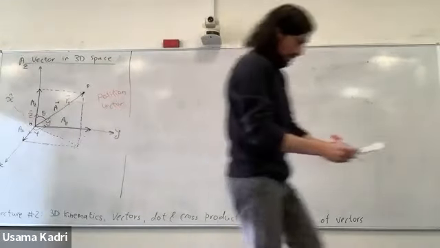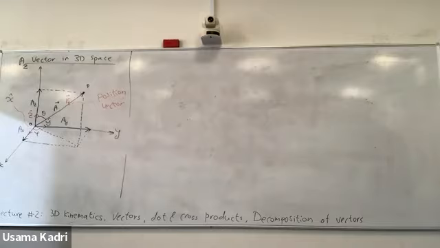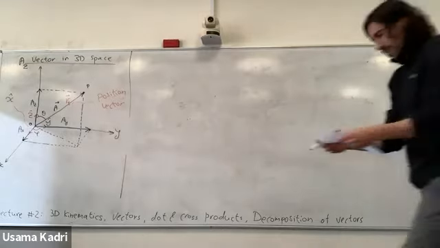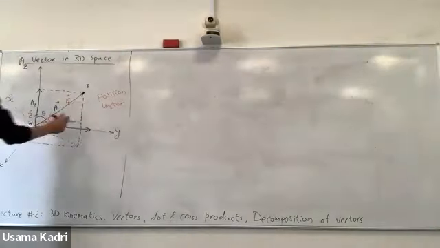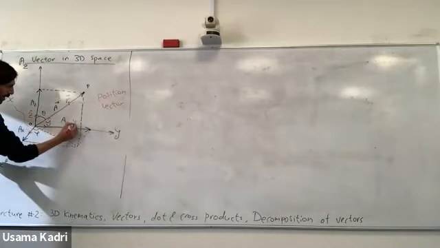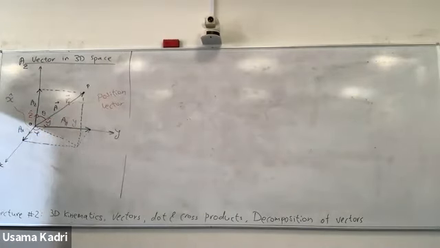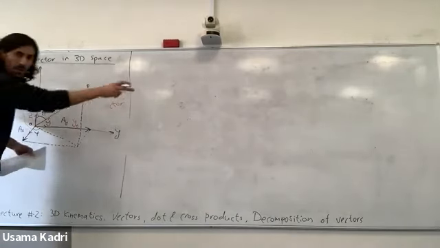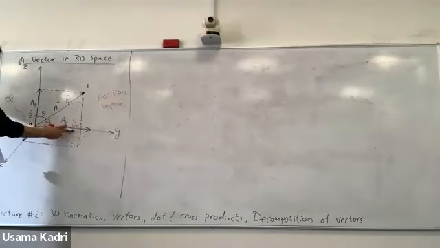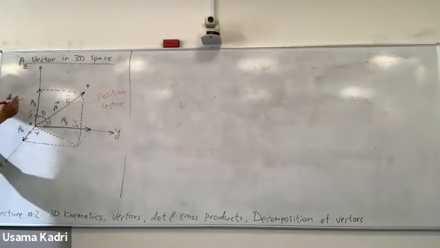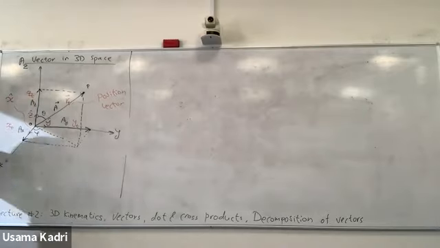So now, just as before, we would have something like y of t. This is the component in the y direction, but it's going to be a function of time. That's all. And z now is going to be z of t, and it's going to be x of t.